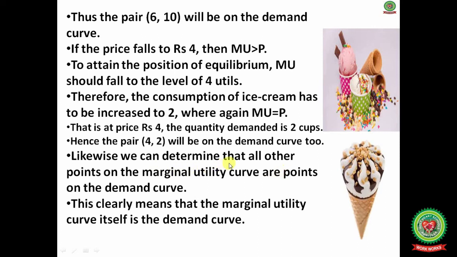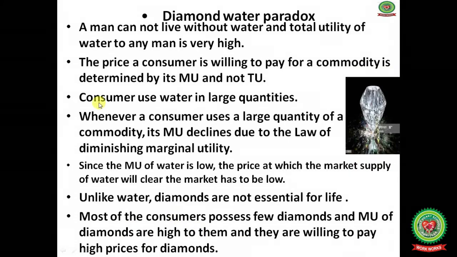If the price falls to ₹4, then marginal utility will be greater than price. To attain the position of equilibrium, marginal utility should fall to the level of 4 utils. Therefore, the consumption of ice cream has to be increased to 2 cups, where again marginal utility equals price. That is, at price ₹4, the quantity demanded is 2 cups.